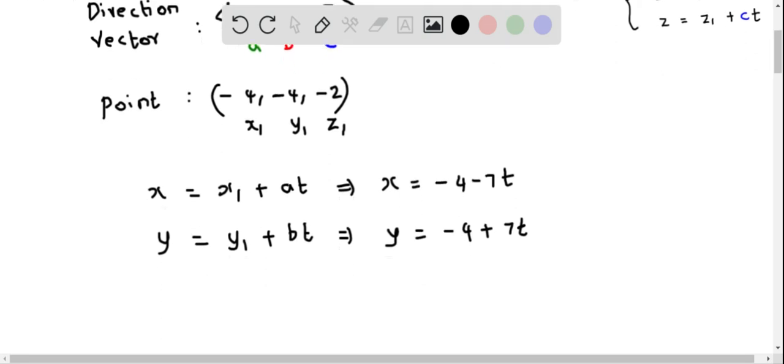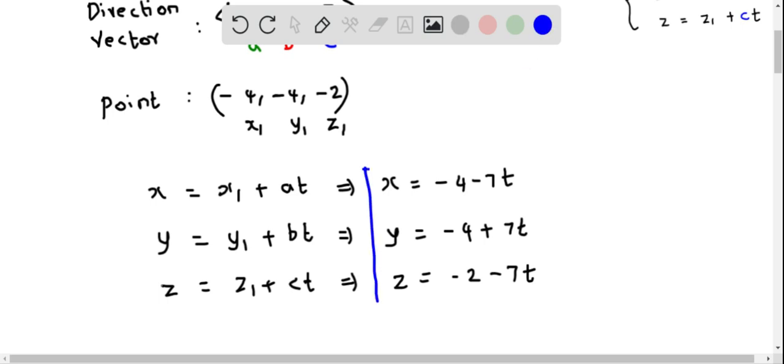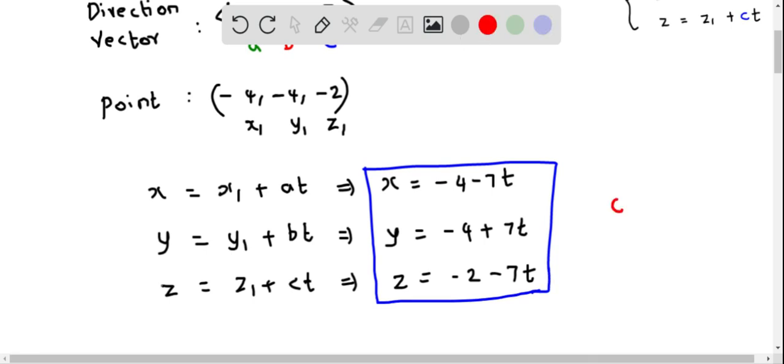And finally for z, z = z1 + ct, so we substitute z1, which is -2, and c is -7, so -7t. So these are the parametric equations of the line, and this means choice 3 is correct.